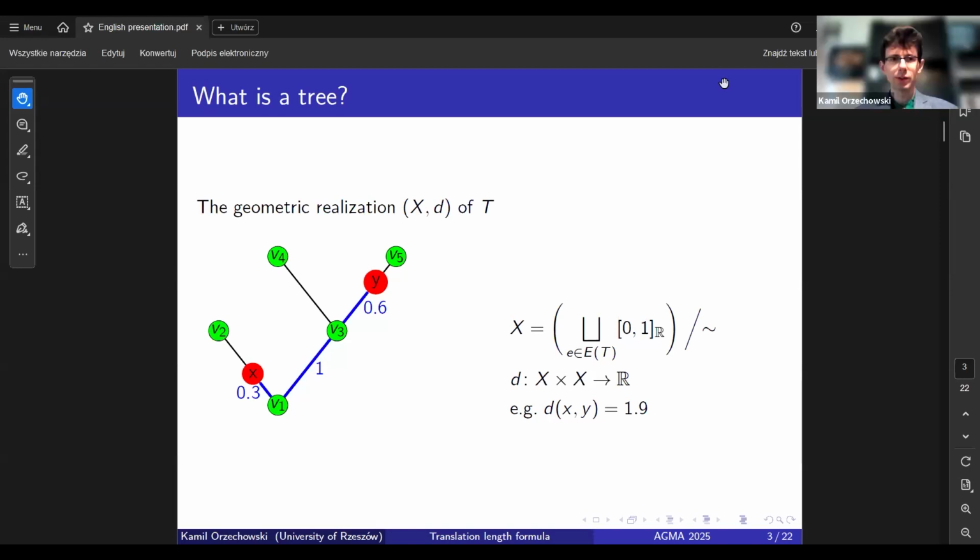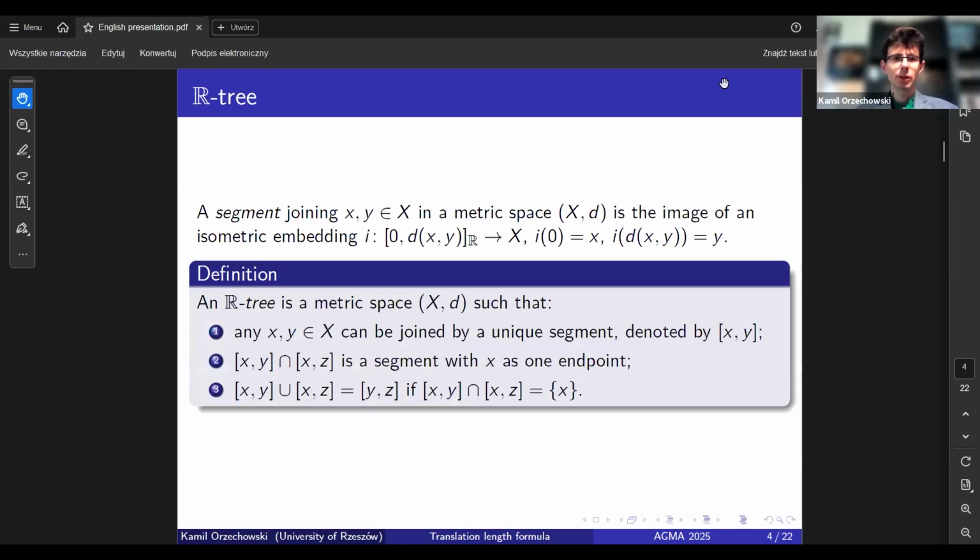This can be generalized to the concept of so-called real tree or R tree. To start with, a segment joining 2 points in a metric space is the image of an isometric embedding of a suitable real interval into X. It is also called a geodesic segment. And we define an R tree as a metric space such that any 2 points can be joined by a unique segment.